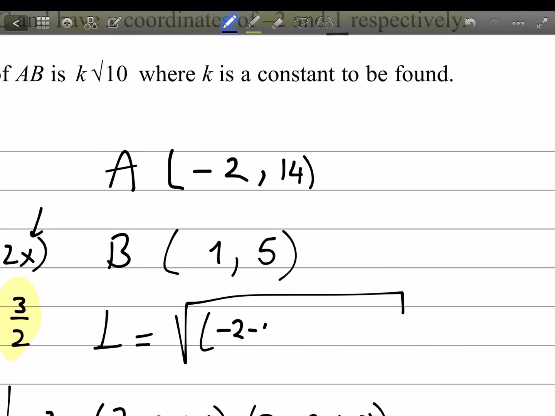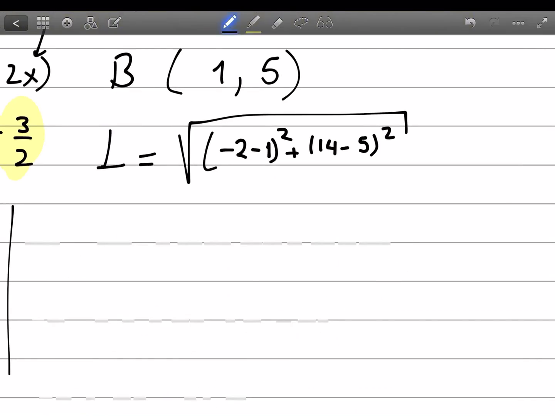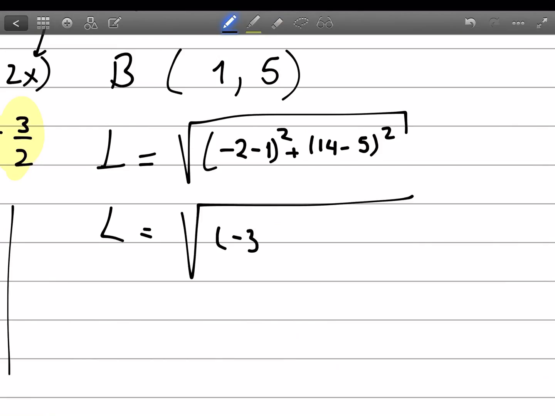(-2 minus 1) squared, we subtract 1 from -2, plus (14 minus 5) squared. Then we have, length is root of (minus 3) squared plus 9 squared.